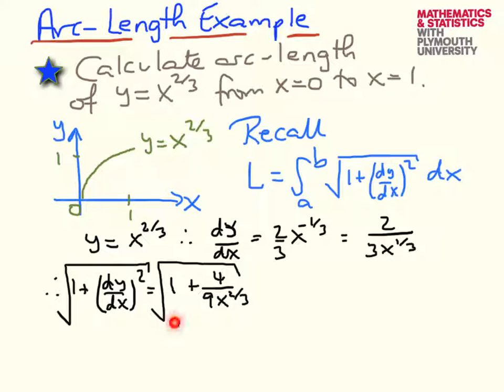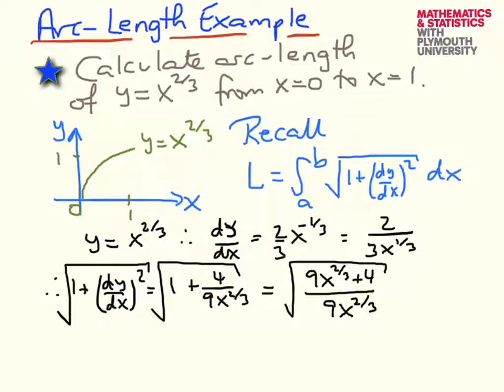I cannot simplify the square root otherwise in any way, so I'm just going to put this on a common denominator and see what happens. So what we have, the common denominator has got to be 9x to the 2/3, and on the top I have 9x to the 2/3 plus 4, and I'm taking of course the square root of all of this.